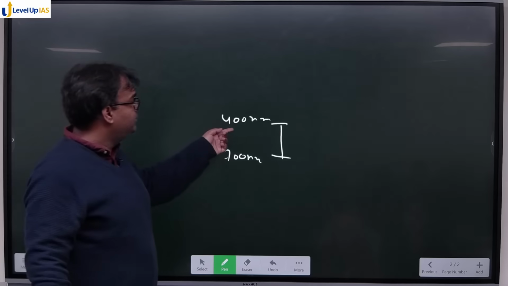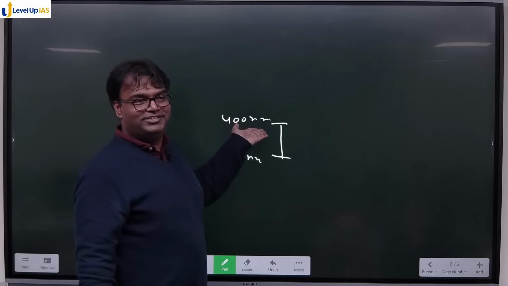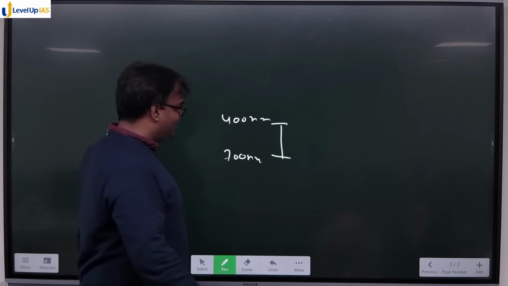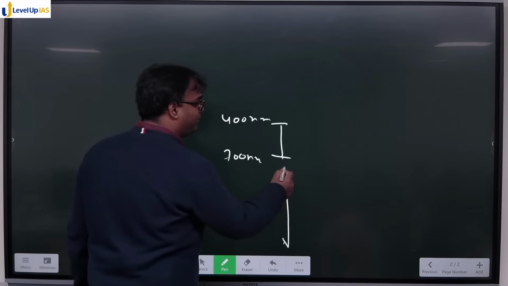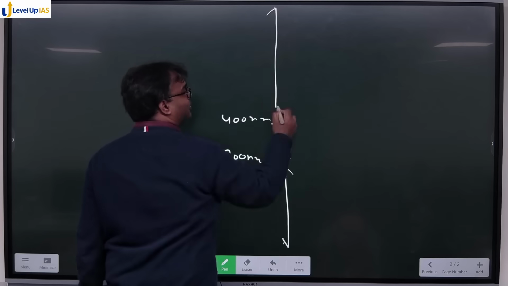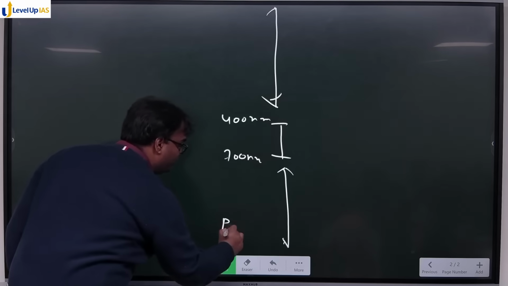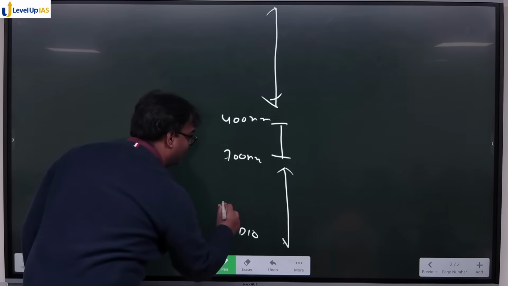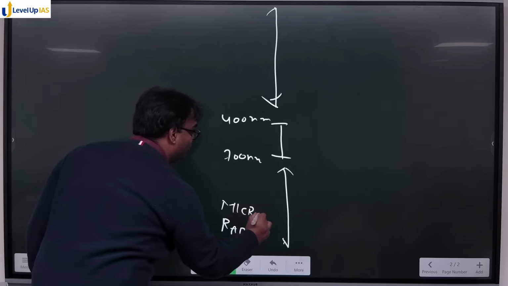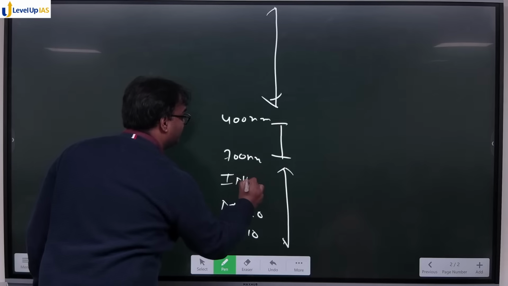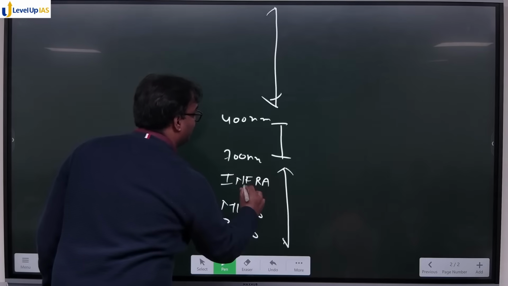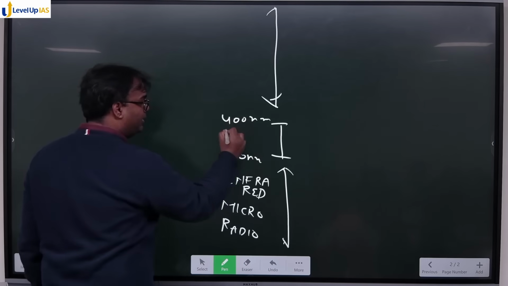And there are wavelengths which are much smaller than a nanometer. There are these electromagnetic waves also. These are radio, micro, infrared, then visible comes. This is visible.